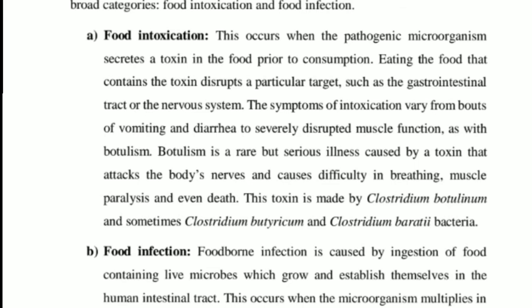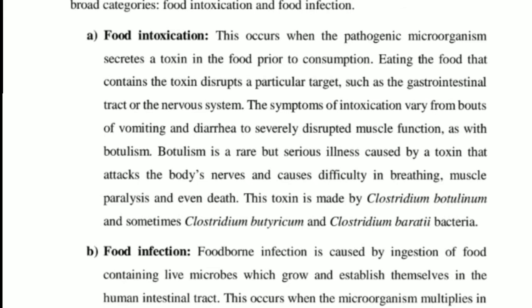Food intoxication occurs when the pathogenic microorganisms, that is, the microorganisms that can secrete toxins, are present in the food and secrete a toxin in the food. Now, when you eat such food, it disrupts a particular target in the system, such as the gastrointestinal tract or the nervous system.